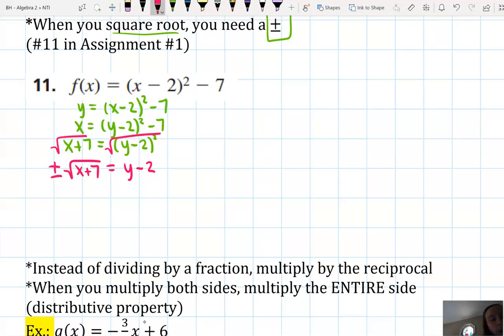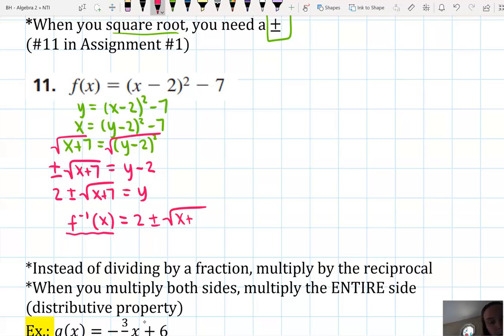You would need to add 2. When you add 2, go ahead and just put that in front of the plus or minus sign. And then your last step, notation-wise, is to replace your y with the inverse of f of x, which is denoted with this, okay?